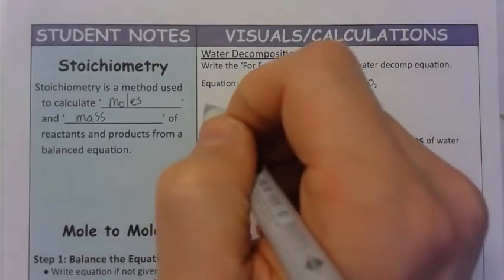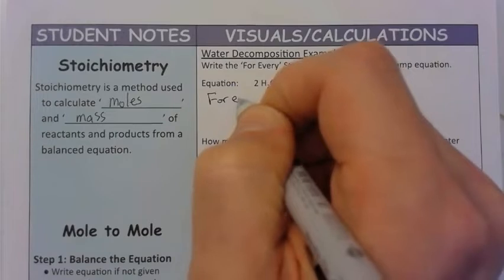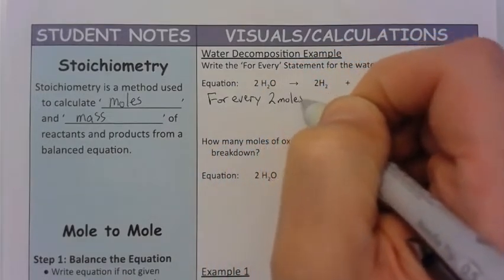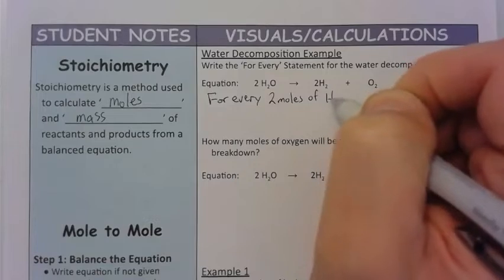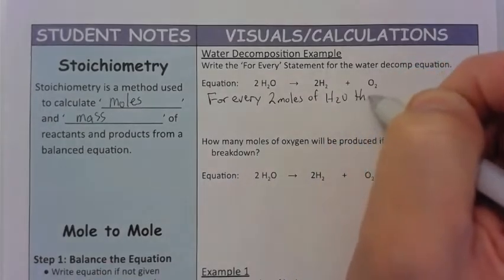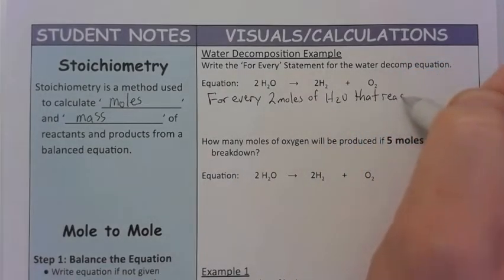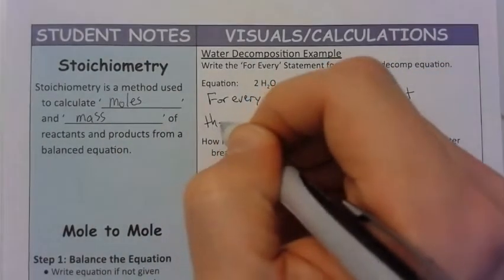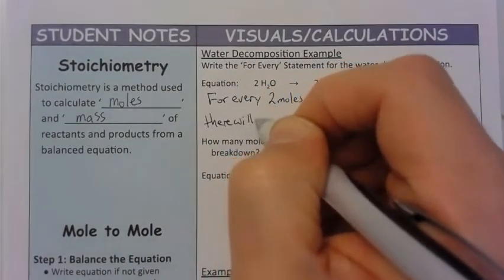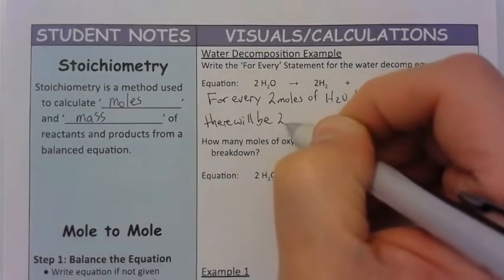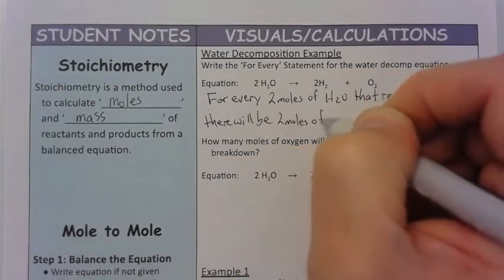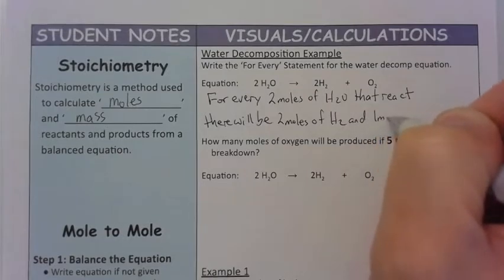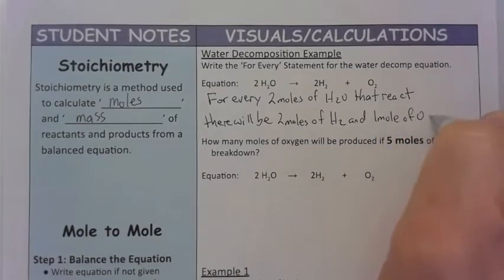So we could say that for every 2 moles of H2O that react, there will be 2 moles of H2 and 1 mole of O2.